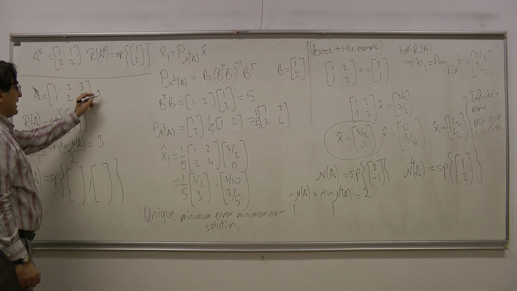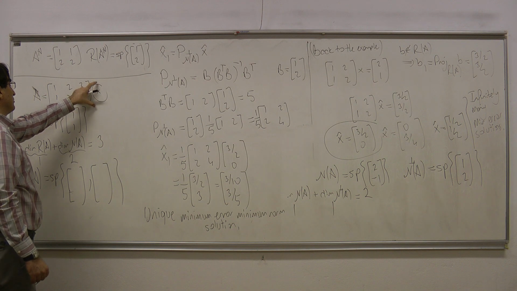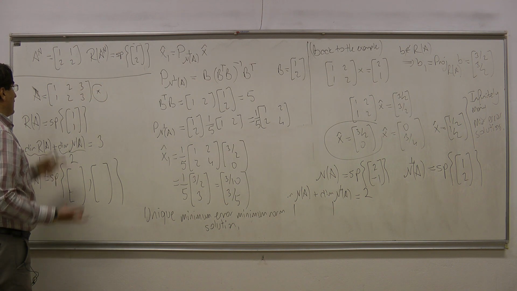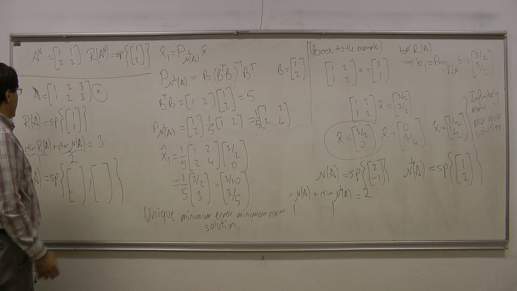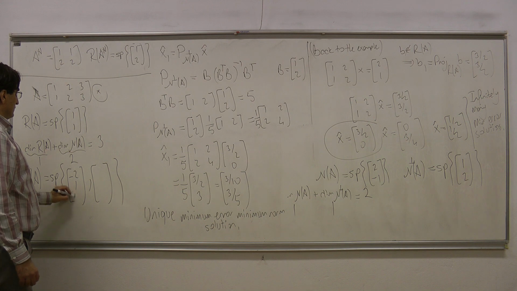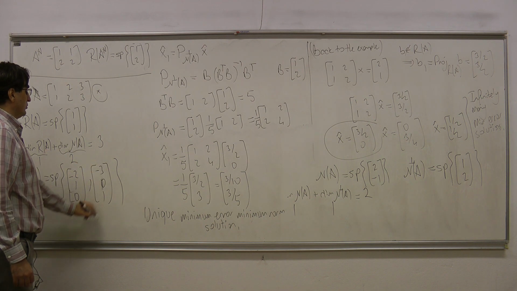So think about an x, and when you multiply it with this matrix, it should give you 0. So I can actually find x as follows: -2, 1, 0, and -3, 0, 1.